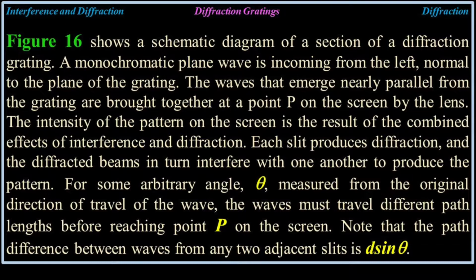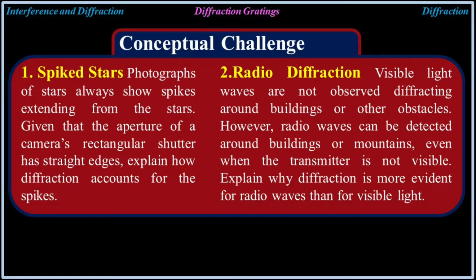Each slit produces diffraction, and the diffracted beams in turn interfere with one another to produce the pattern. For some arbitrary angle theta measured from the original direction of travel, the waves must travel different path lengths before reaching point P on the screen. Note that the path difference between waves from any two adjacent slits is d sine theta.